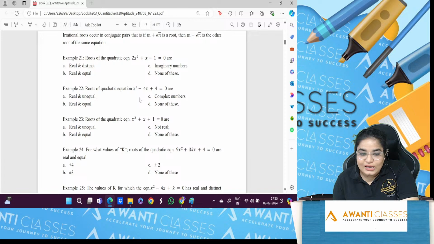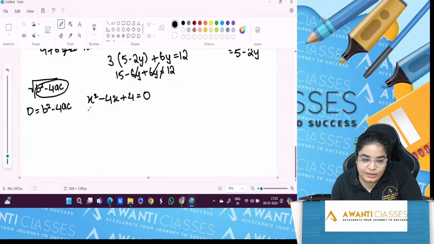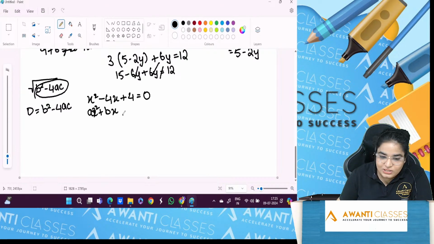No. They are asking whether the roots of the quadratic equation are real, unequal, complex or what. In any quadratic equation, what is the format? The format is ax square plus bx plus c is equal to 0.